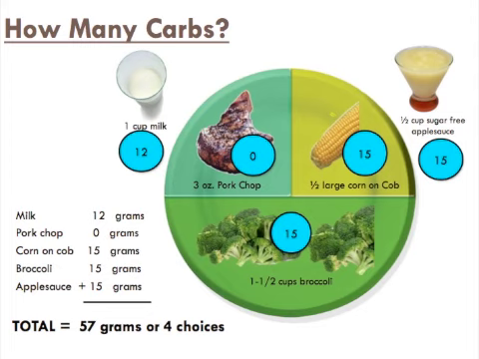Your vegetables would be about 15. Your milk 12, your sugar-free applesauce up in the right-hand corner would be about 15 as well. So there's a total of 57 grams of carbohydrate on this example, or that would be the same as 4 choices. And so that's a pretty easy way to help people understand carbohydrate counting.